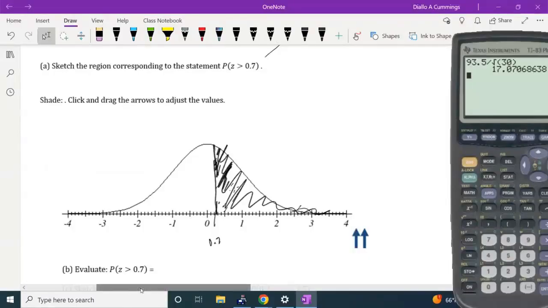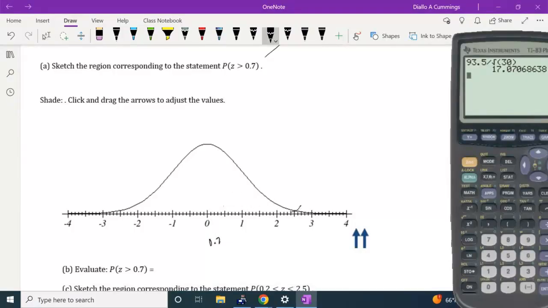Hold on, my line shifted. 0.7 should be right here. Okay, it should look like this. Once you adjust your sliders, it should look something similar to that.